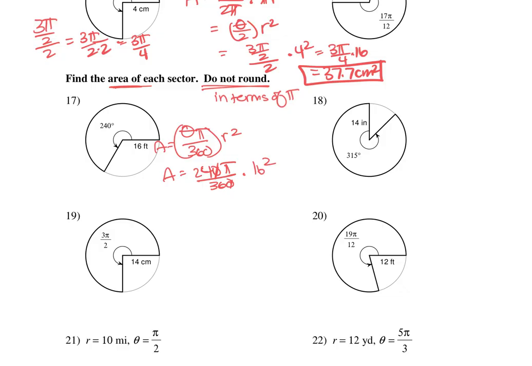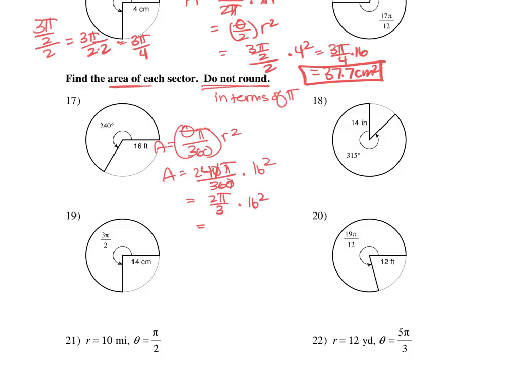But anyways, I mentioned earlier I showed you how to use your calculator to do a fraction. I'm going to talk about doing this on your calculator in a second. But let's just do this by hand real quick. I cancel my factor of 10. 24 and 36 both reduce by 4 to 8. Or actually, no, they just reduced by 12. What am I doing? Reduced by 12 to 2 pi over 3 times 16 squared.